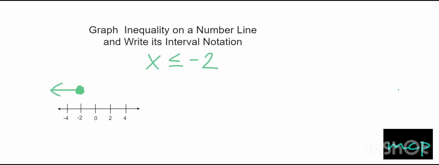Now for the interval notation, we have to start again from the left side, which is the smallest value, which is the negative infinity. And of course, we have to use a parenthesis for that. And since -2 is included, we have to use a bracket. So that is the graph and the interval notation of x is less than or equal to -2.